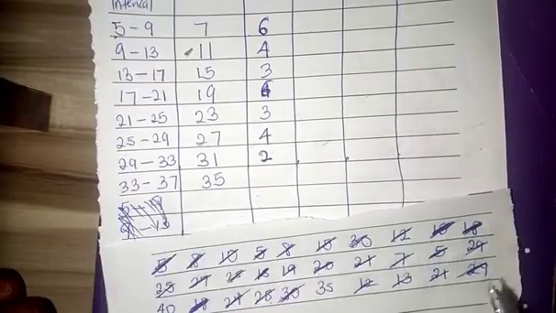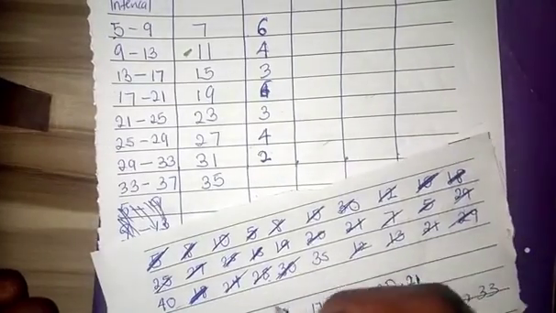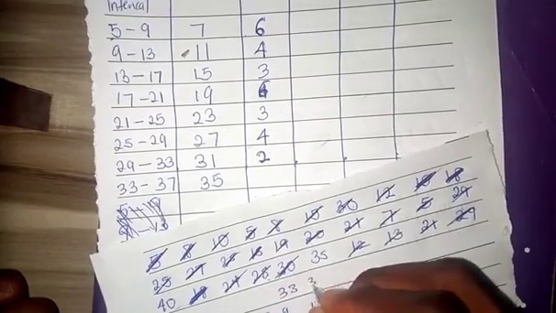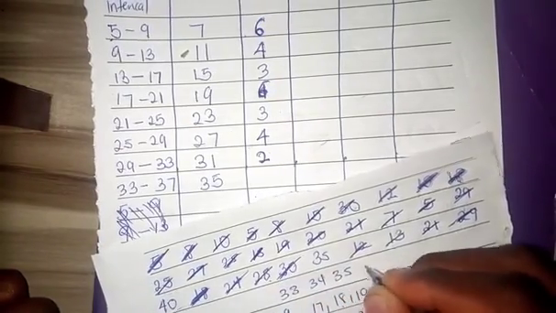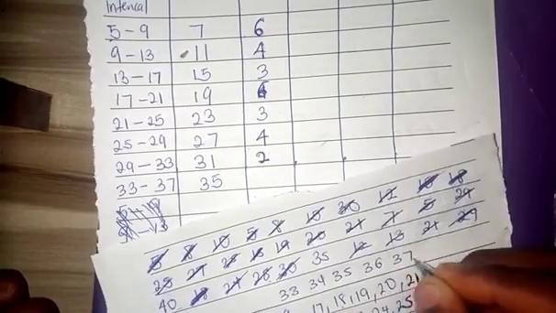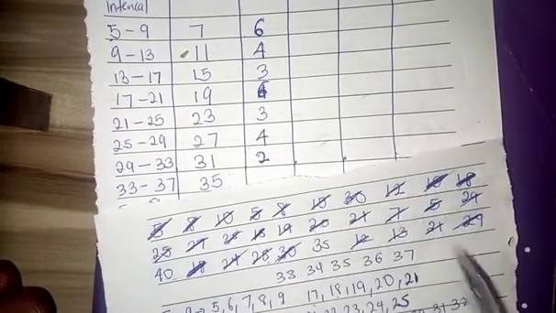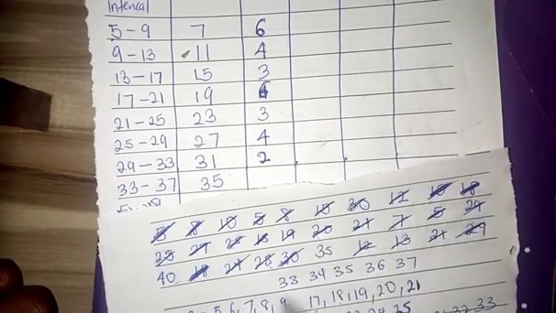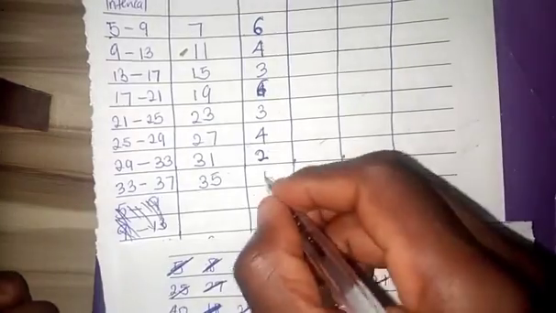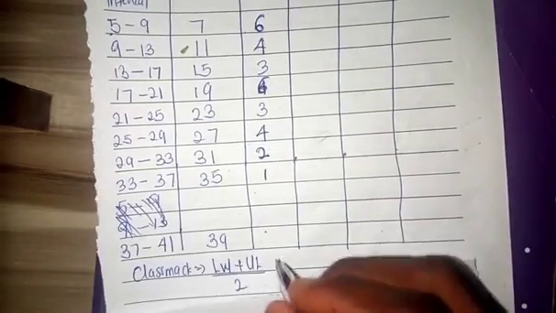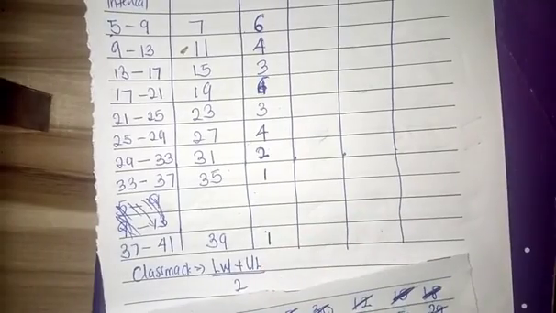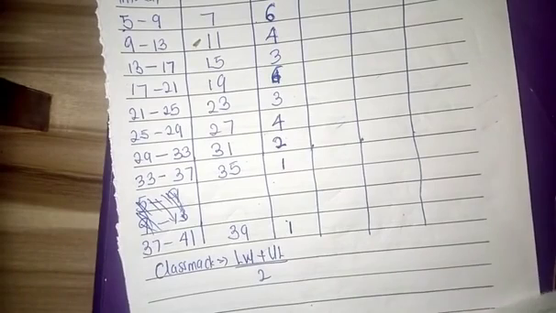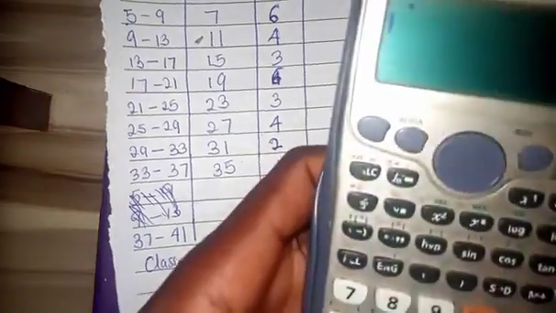Because we have 33 here, let's go for the next one. 33, 34, 35, 36, 37. Because of 33 here, we're not going to count 33. Let's talk about 34, 35. We only have 35, which is 1. And the next one, we only have 40. That being complete.